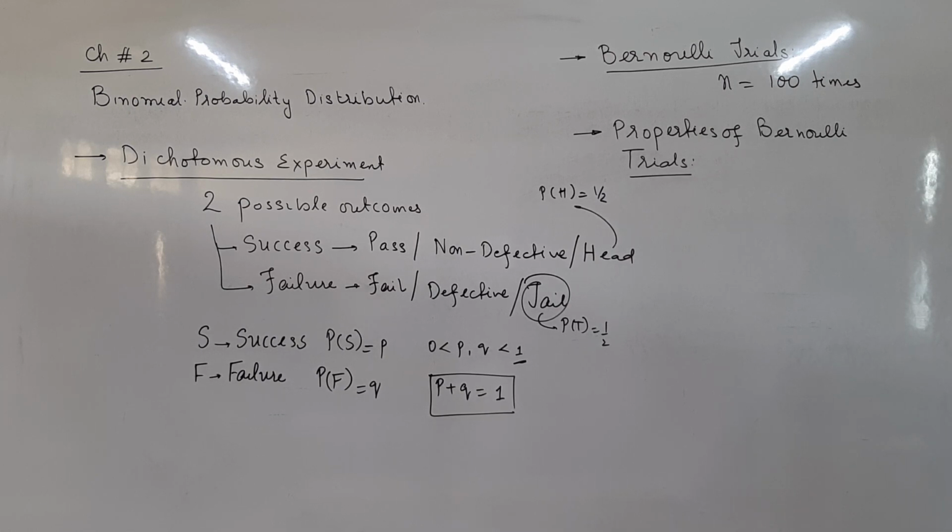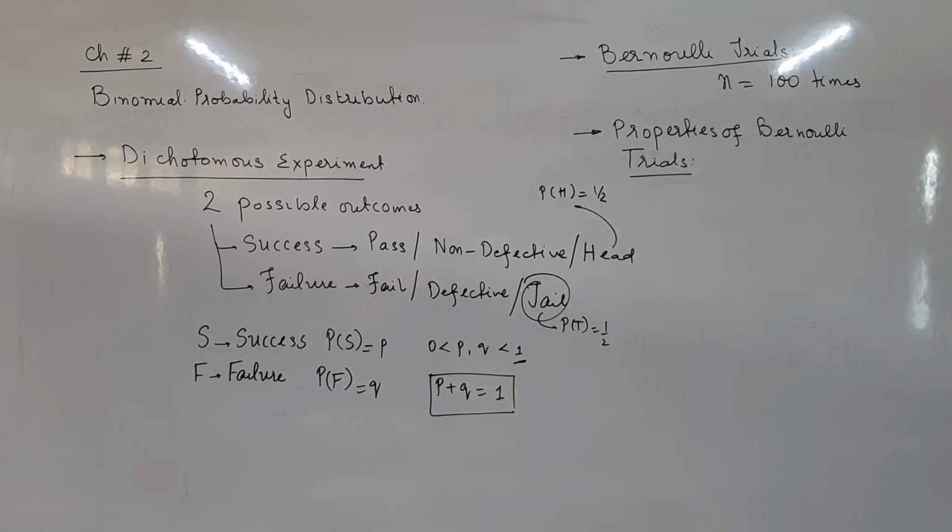And their probabilities P and Q are such that the values are always between 0 and 1 and P plus Q is equal to 1. P plus Q is equal to 1, students. That much we have to perfectly understand and remember.